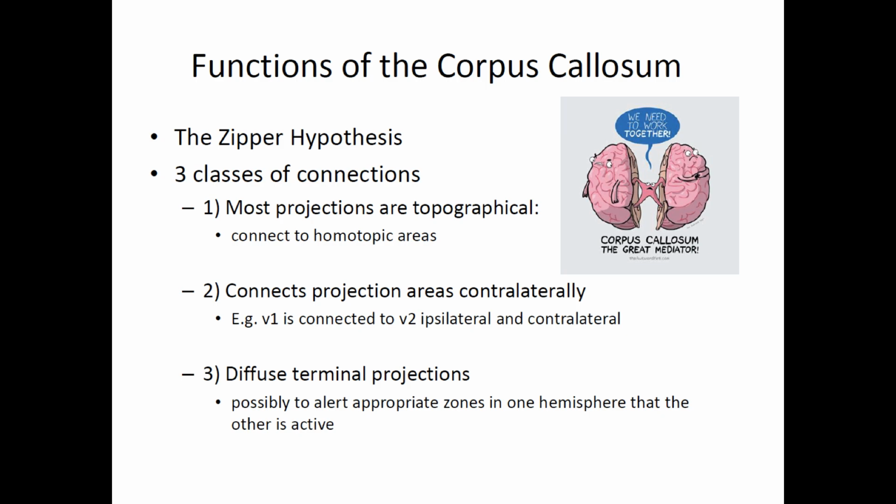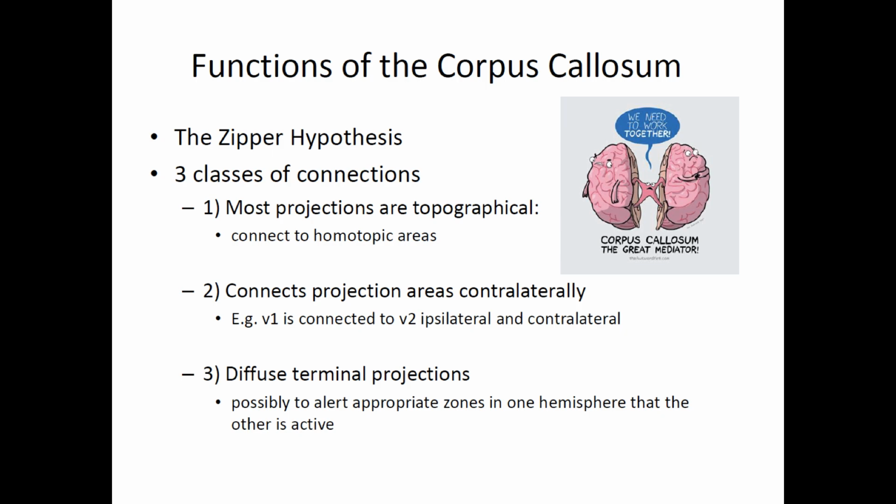For example, your right primary visual cortex and your left primary visual cortex, or your right premotor cortex and your left premotor cortex. So those are in the same area in both hemispheres. Projection zones within a hemisphere also maintain close relations with homotopic zones on the contralateral hemisphere.